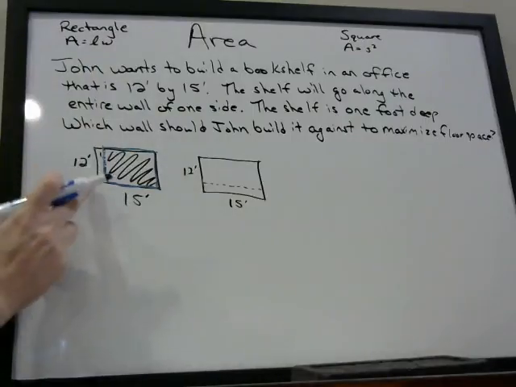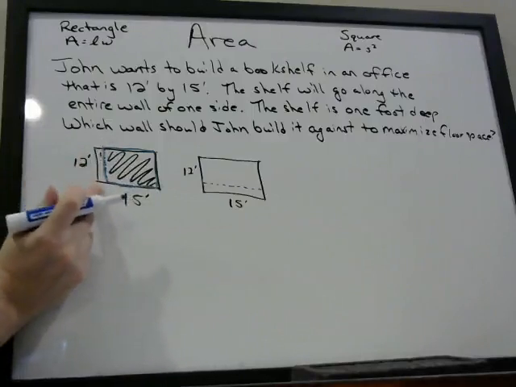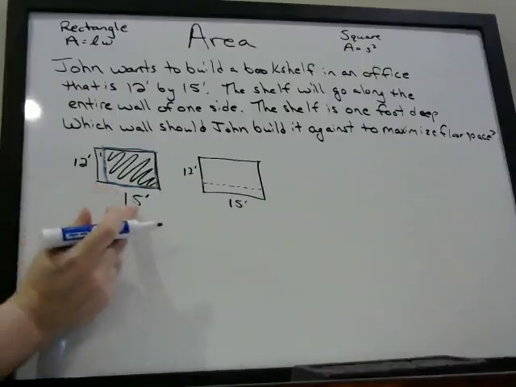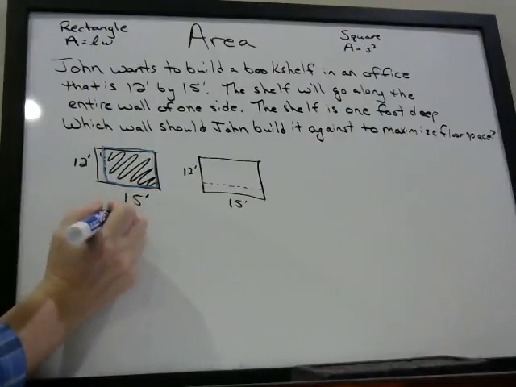So here, our length, we lost a foot because that's the bookshelf. The bookshelf is covering the floor. You can't use that floor space. So if this is 1 foot, it used to be 15 feet all the way here. This is 1 foot. So 15 minus 1 foot.